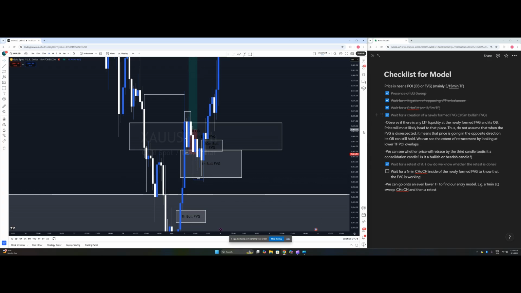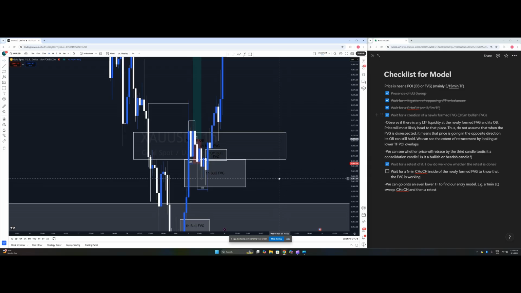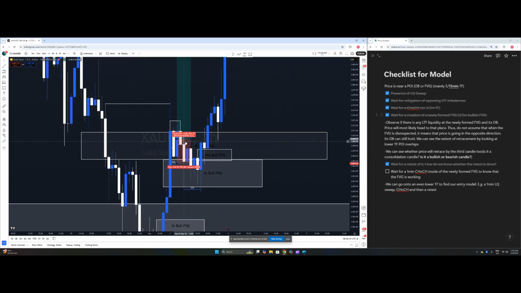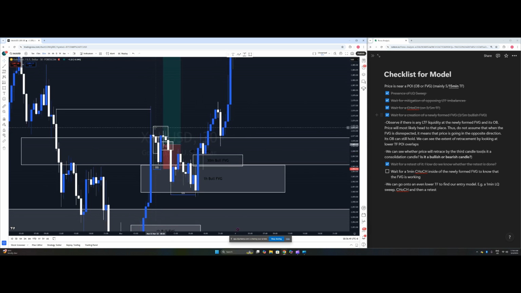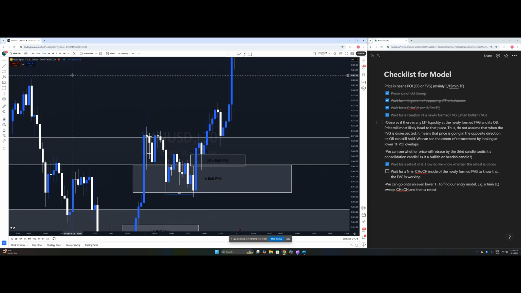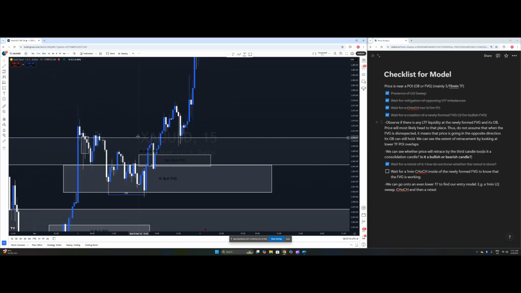So after a sweep, with a mitigation of opposing low time frame imbalance, and in this case, the opposing imbalance has already been mitigated, which is this 30-minute bearish fair value gap, right? So after the mitigation, wait for a change of character on the 3 or 5 minute, and also a creation of a newly formed bullish fair value gap. So the 15 minute.